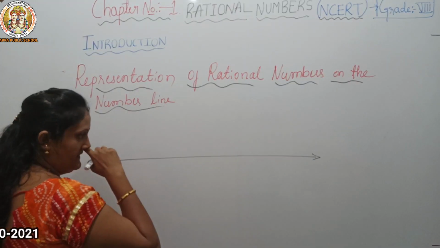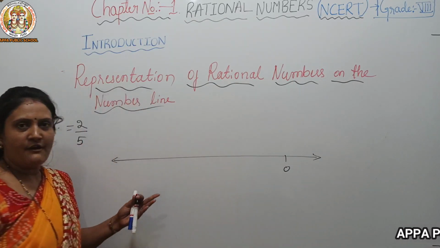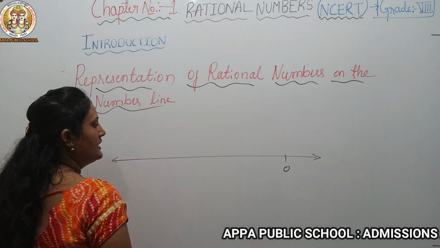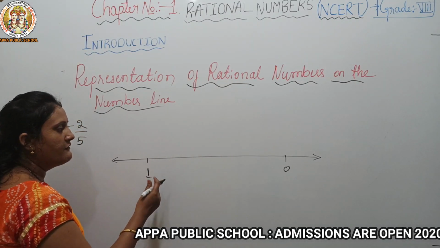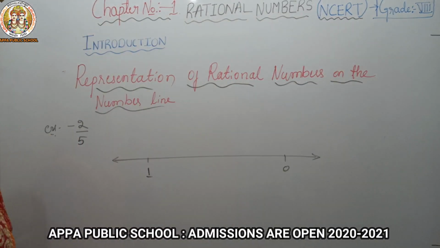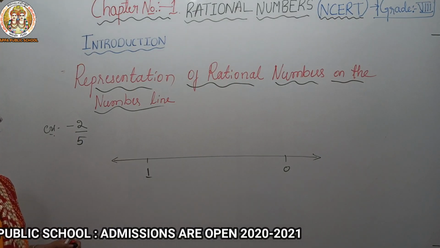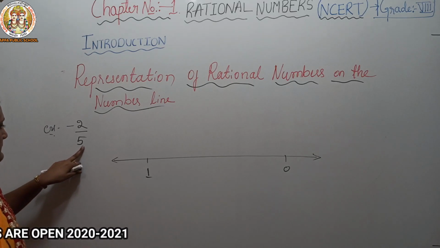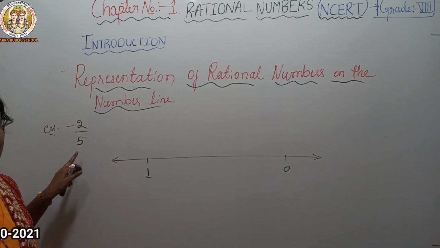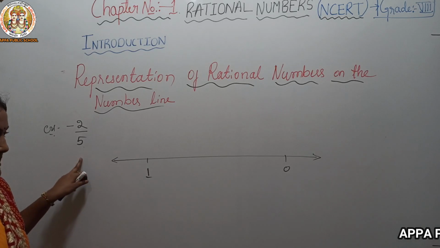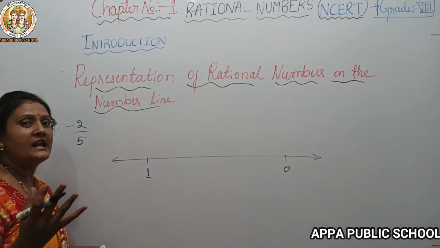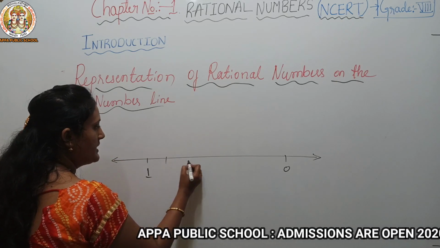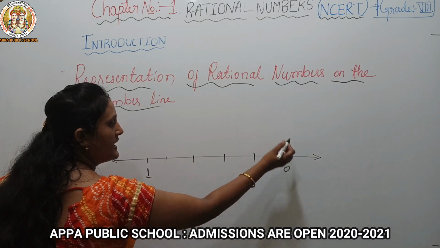We'll take 0 here because we have to plot this on the negative side, and here somewhere -1. Why do we give this much gap? Because we have to plot -2/5. Now have a look at the denominator. The denominator is 5, so we divide the gap into 5 parts: 1, 2, 3, 4 and 5.